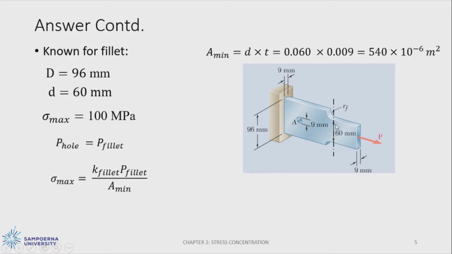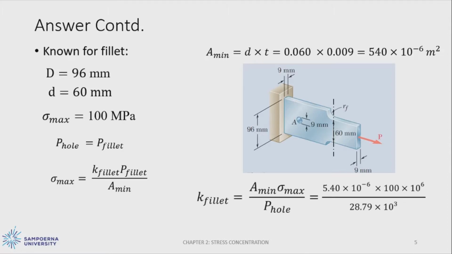This A min refers to this part, where we have the smaller d times the t. We choose the minimum area because with the same amount of P but a smaller area, the stress gets bigger.